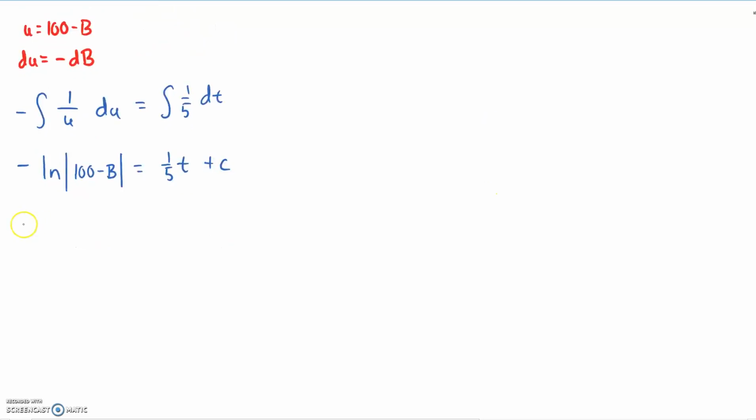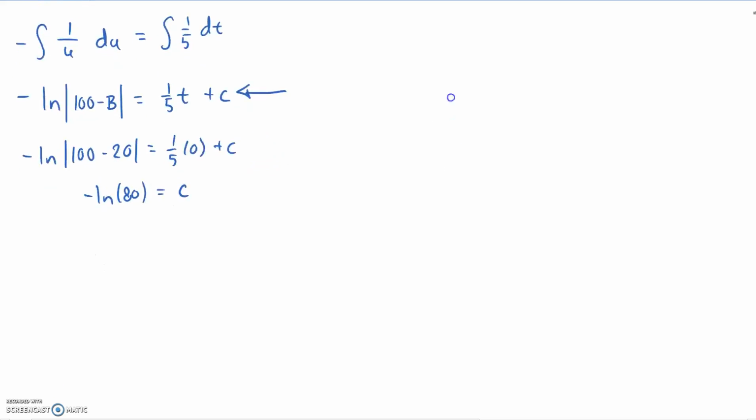Then we're going to use the initial conditions, which were when t was 0, b was 20, which means c is negative natural log of 80. Then I'm going to go back to this step right after I integrated, and I'm going to plug in negative natural log 80 for c.